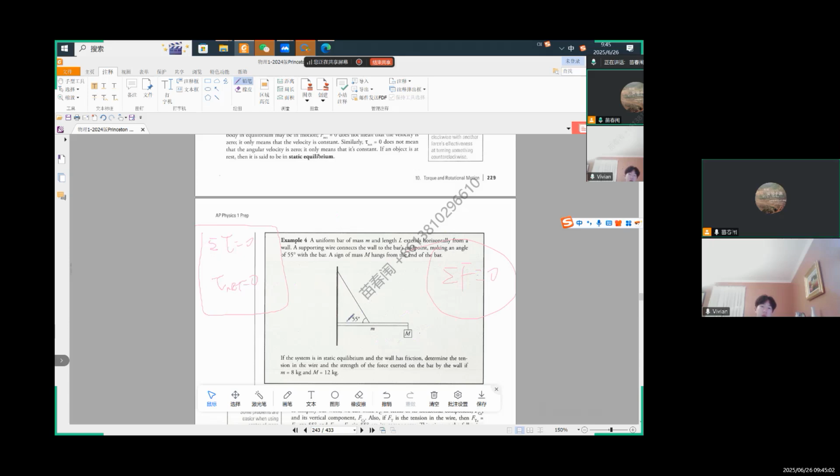Now I have to use the friction and also the normal force and tension and the gravity force. They should all balance. 1, 2, 3, 4, 5 forces.